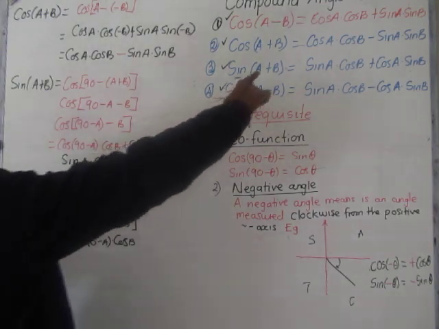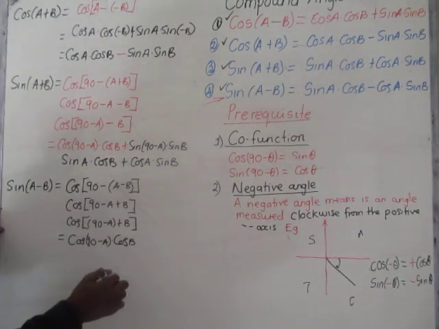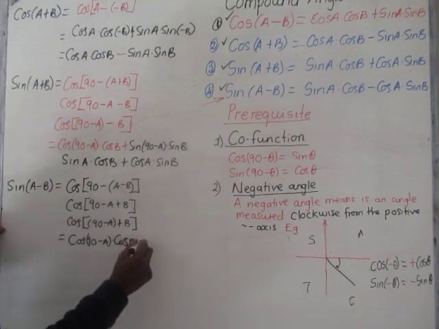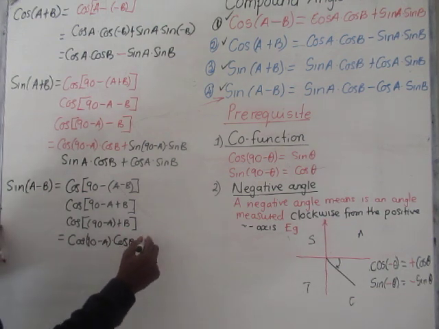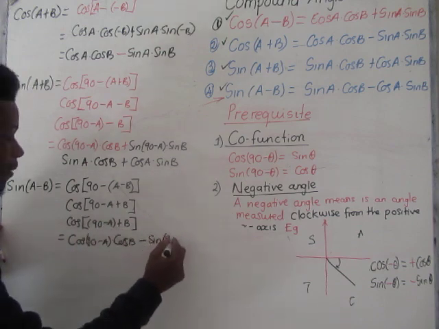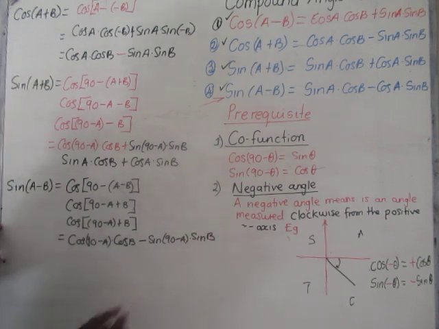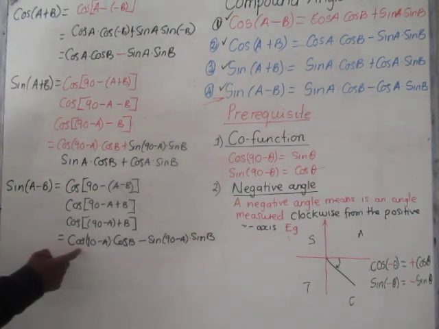Then, remember that when we are dealing with a plus there, it becomes a minus. So since we are dealing with the plus, we put a minus. Then we have sine(90 minus a) times sine b.